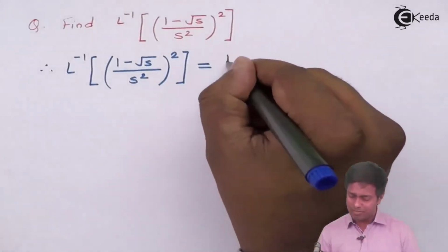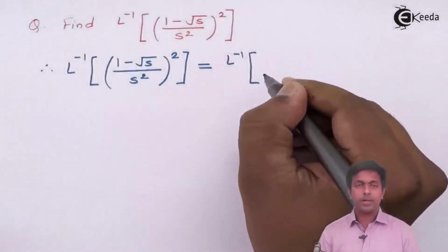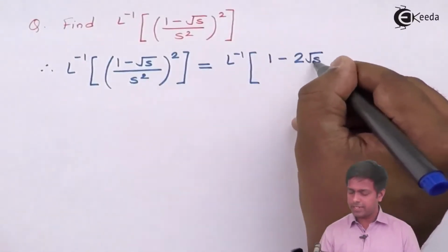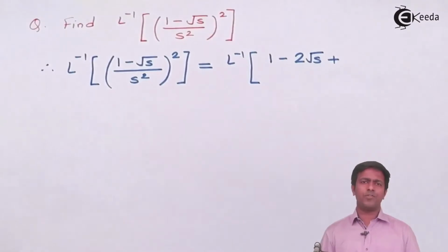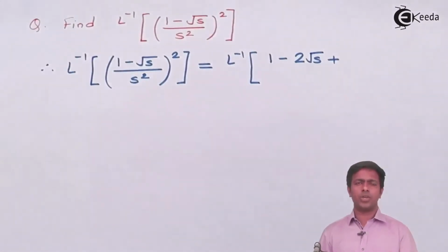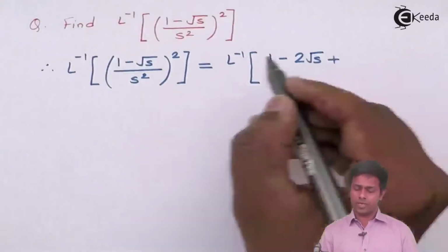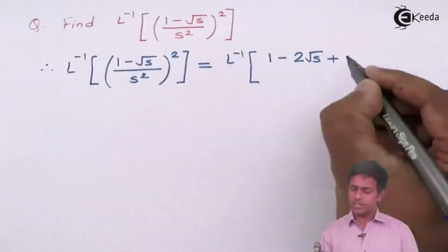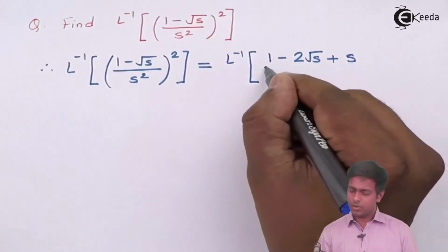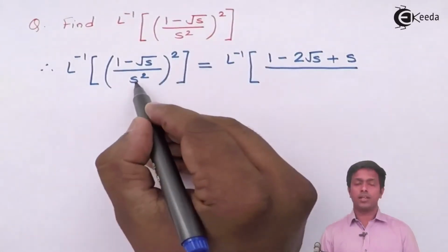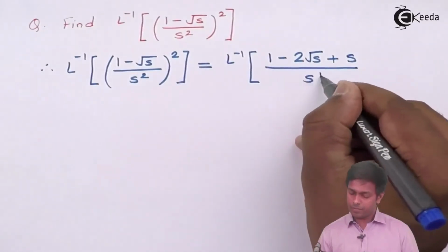So this will become L inverse of 1 minus 2 square root of s plus s, that is the square of root s, whole upon the square of s square, that is s to the power 4.